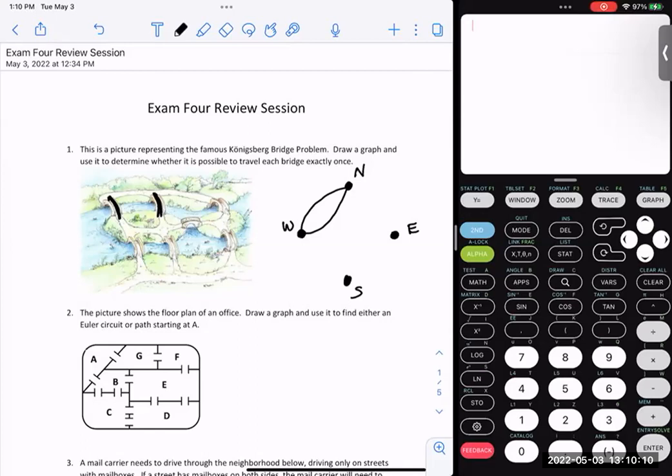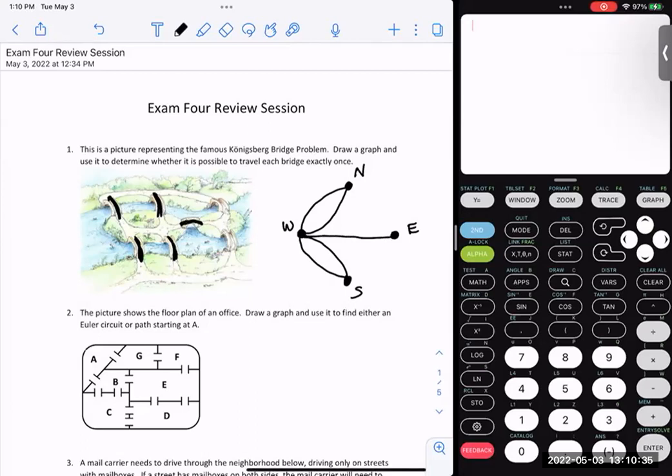I'm also noticing 2 more bridges that go from the West Island to the South Shore. I would do the same thing there. I have 2 edges, so you can curve one or both of those. And then from the West Island, I'm only noticing 1 more bridge, and that is connecting the 2 islands.